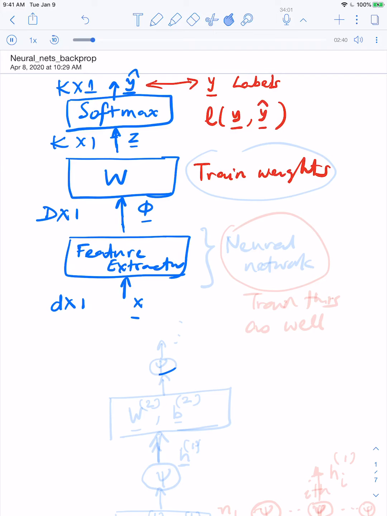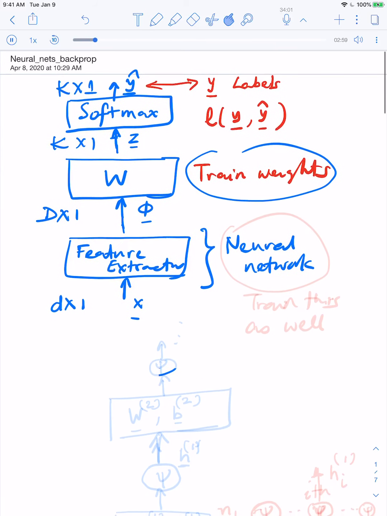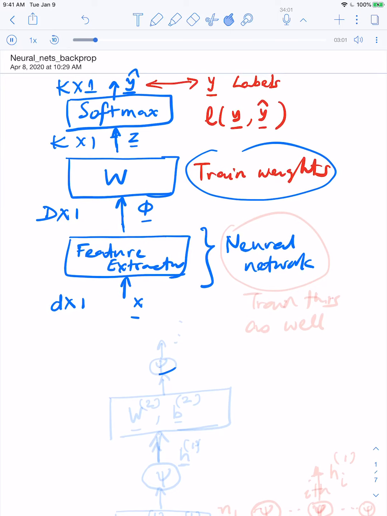Now we are going to replace the feature extraction box by a neural network. There is this last layer that we were training, which was coming after the feature extractor, but now we'll train the feature extractor as well.